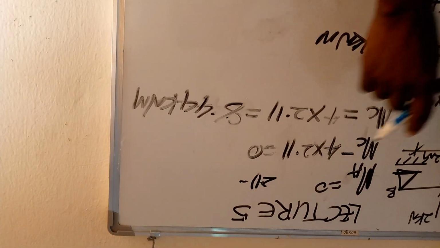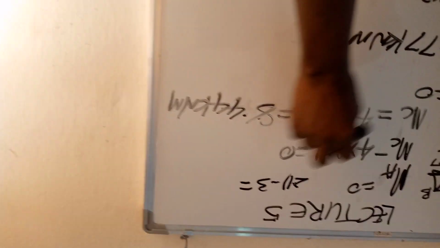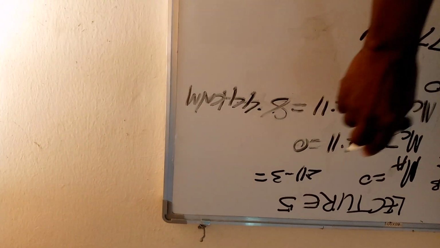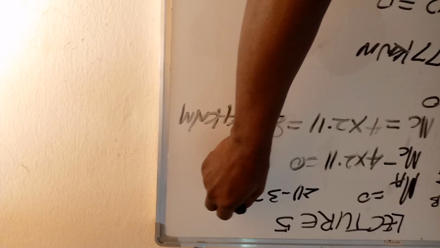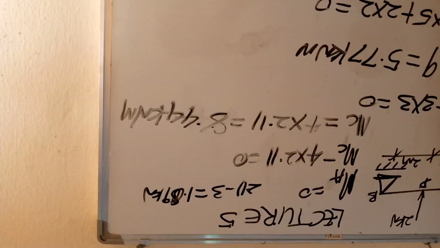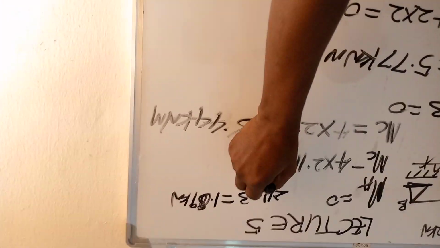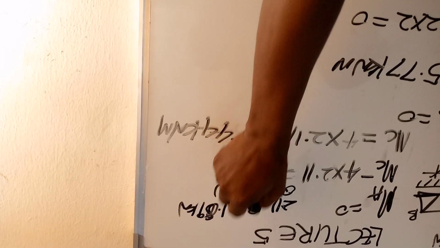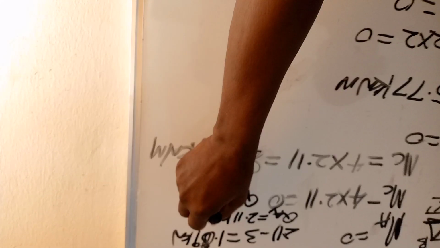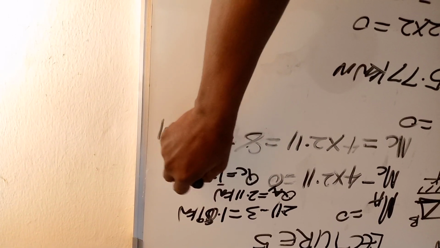Shear force at C will be 2.11 minus 3, which will give you minus 1.89 kilonewton. So the shear force at A is 2.11 kilonewton, and at C it is minus 1.89 kilonewton.